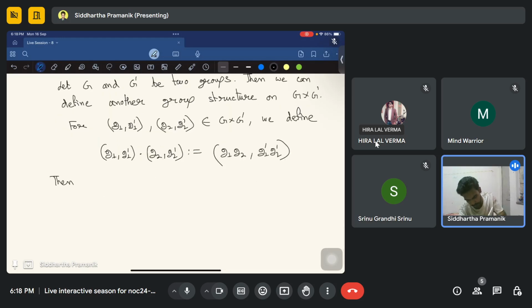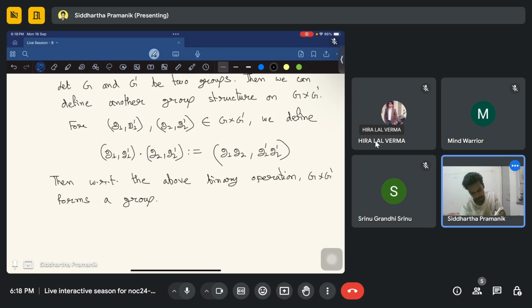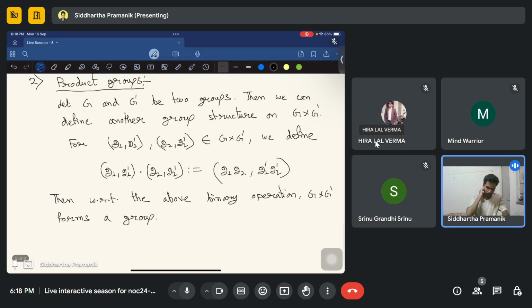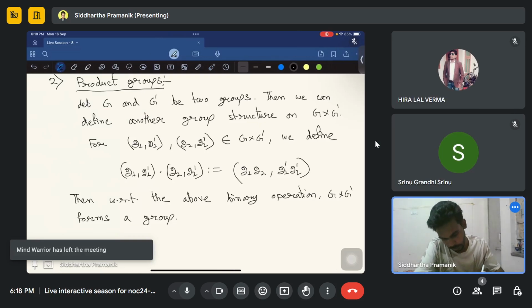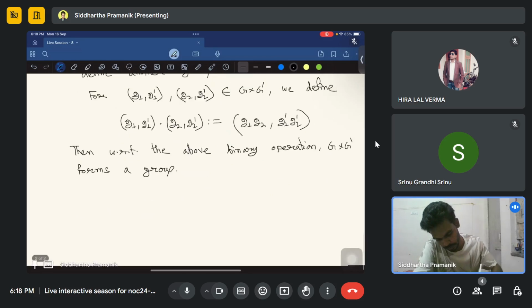With respect to this binary operation, G cross G prime forms a group, named the product of G and G prime. You can define it for any groups G and G prime. So this is the definition, and let me list some important properties.